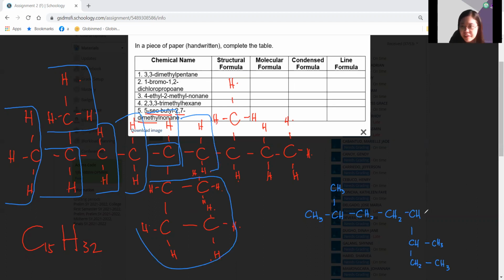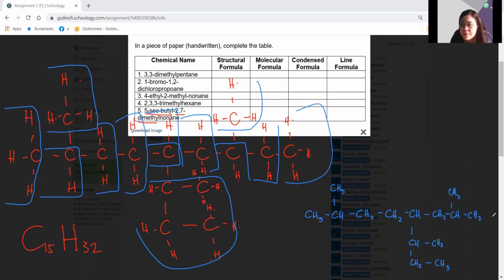And then we have the CH2 here. Oops, kulang ata ang nilagay ko. Tama ba? 1, 2, 3, 4, tama. CH2 na, dito na tayo. This one is a CH, wala na akong space. And then sa baba is a CH3. This one is a CH2.